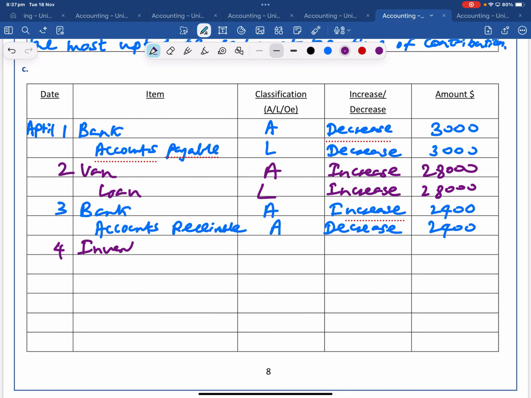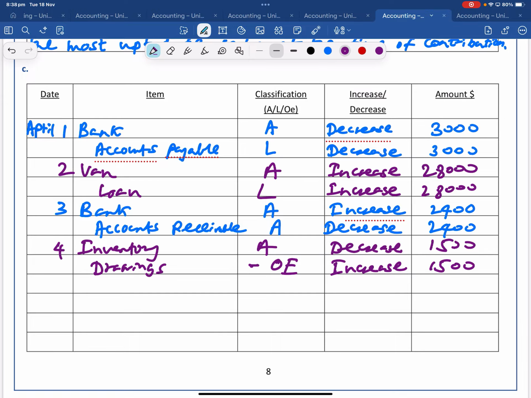Inventory, asset, decrease 1500. Drawings. How do we do drawings, guys? Minus OE. This one, drawings, what happens? Increase 1500.